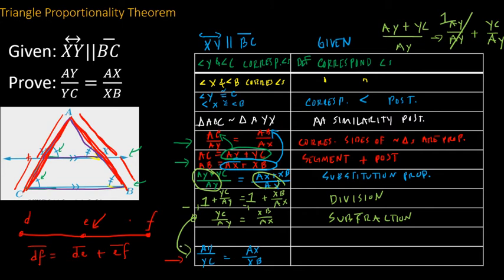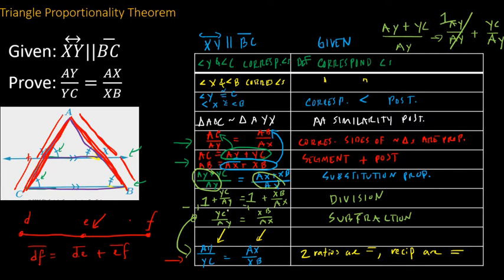Well, if two ratios are equal, then their reciprocals must be equal, and that's my final step. If I want to flip this over, take the reciprocal of these to get to here, it looks like I had an extra line here. I'm now allowed to claim that ay over yc is equal to ax over xb, because if two ratios are equal, their reciprocals are equal.